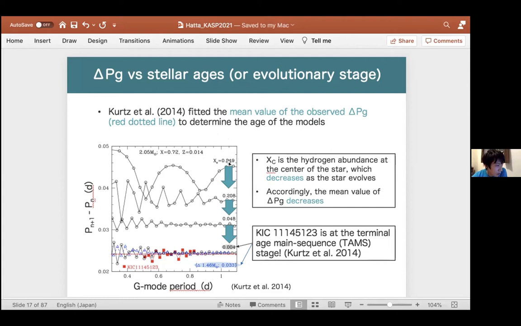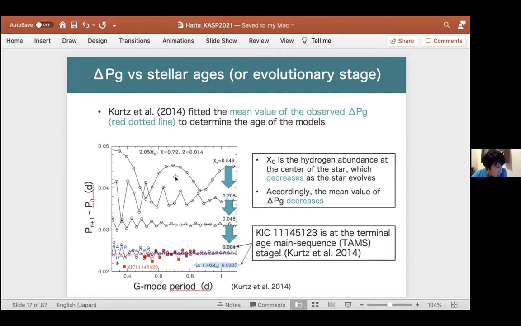For this model, they calculated the eigenfrequencies for G modes, and taking the subtraction between neighboring G modes, they can plot this delta PG pattern for a certain model. Then they continue the evolution until the central hydrogen abundance reaches 0.208 and do the same thing and plot the delta PG, and so on and so on.